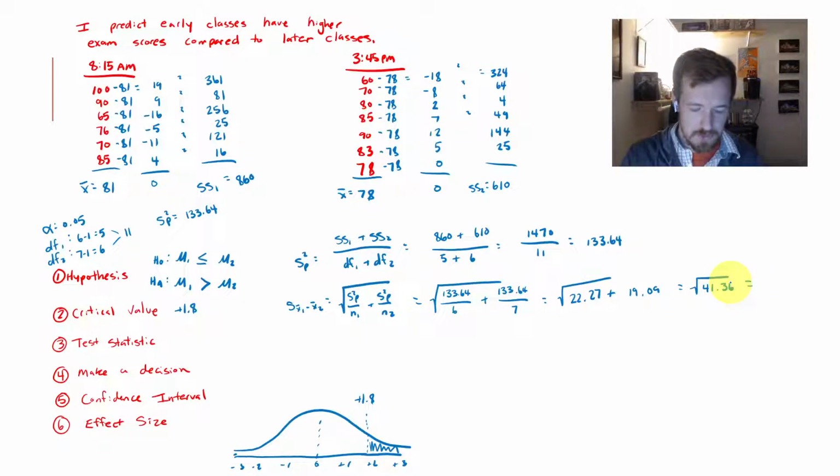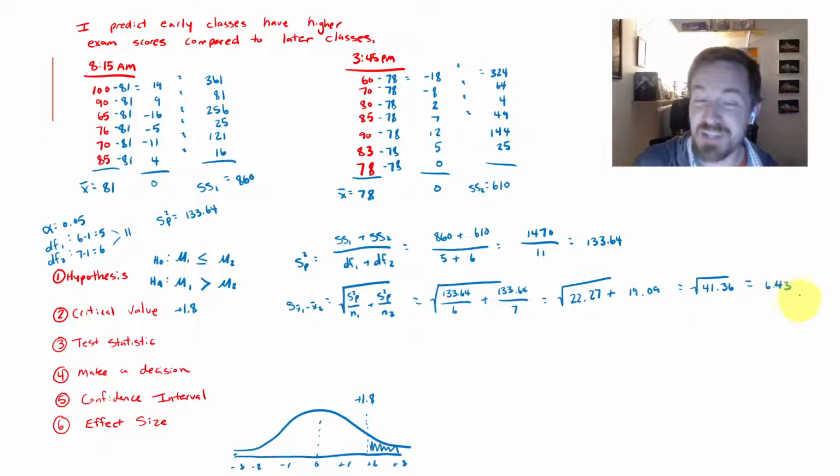That's going to be equal to 6.43. All right, so that is our pooled error.